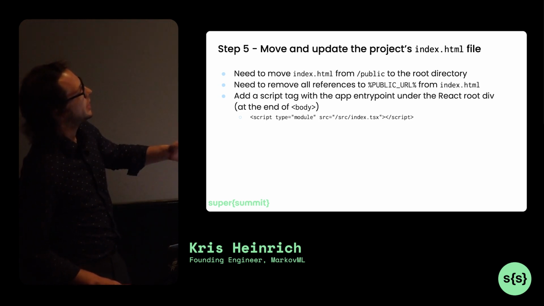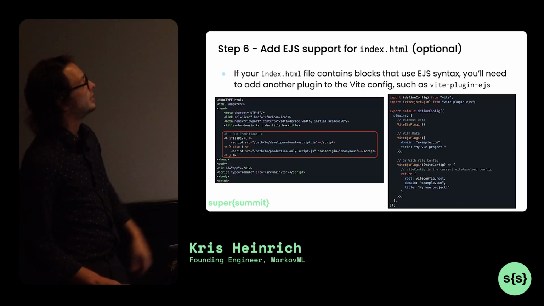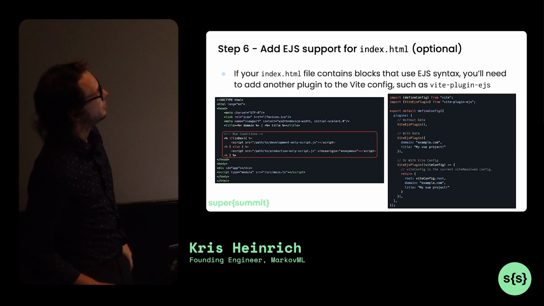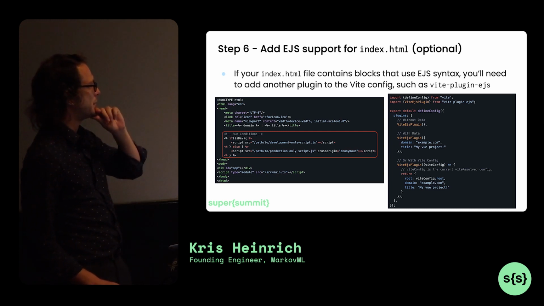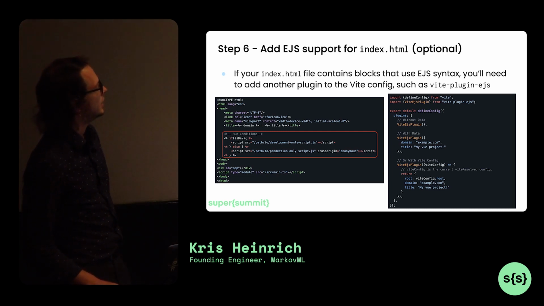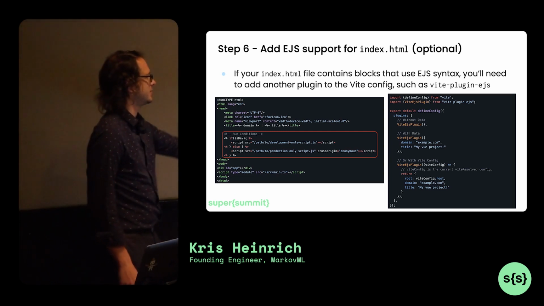So this is kind of optional, but by default, the index HTML file in Create React App comes with these EJS blocks. I'll show an example here, but basically there's an additional plugin if you want to keep that syntax. What that looks like is something like this.